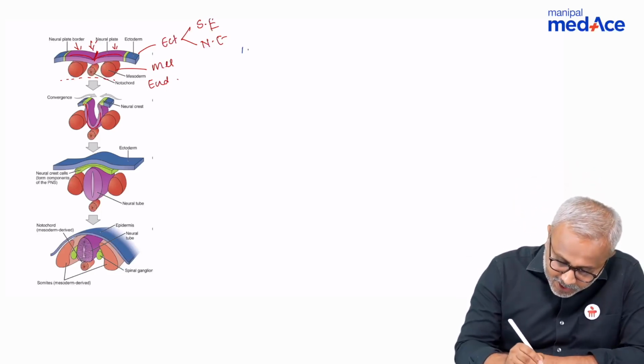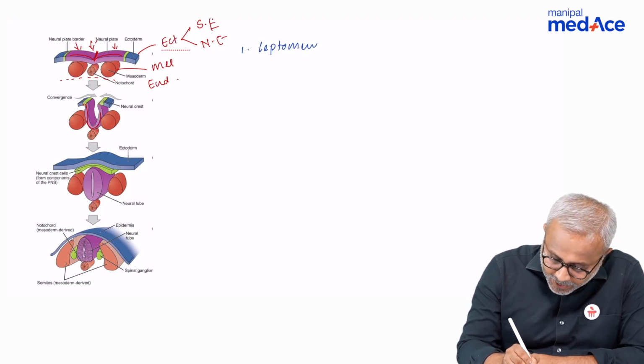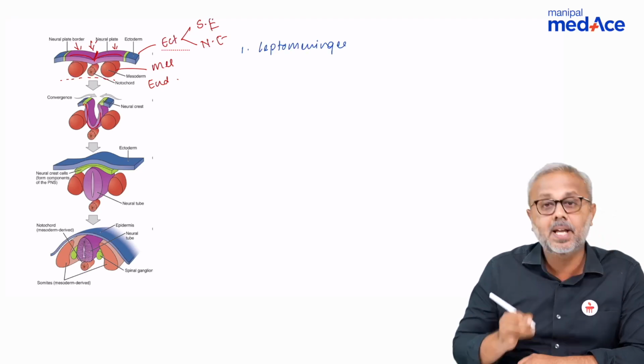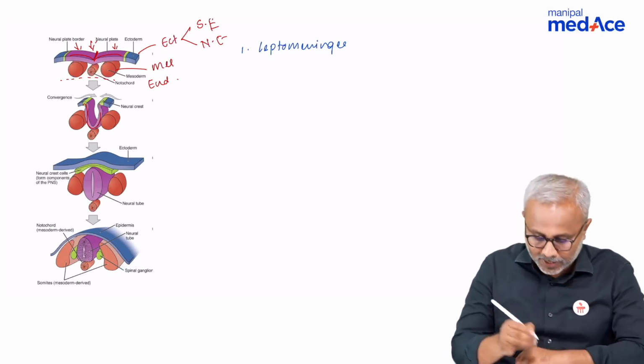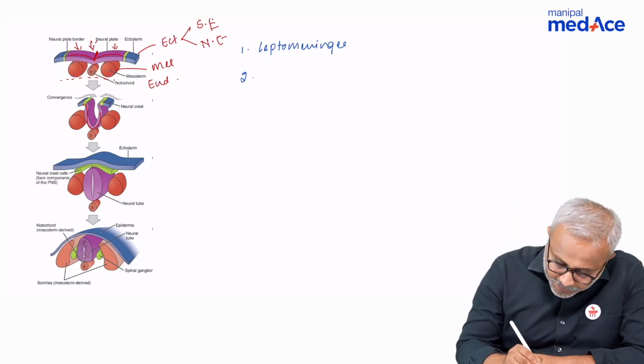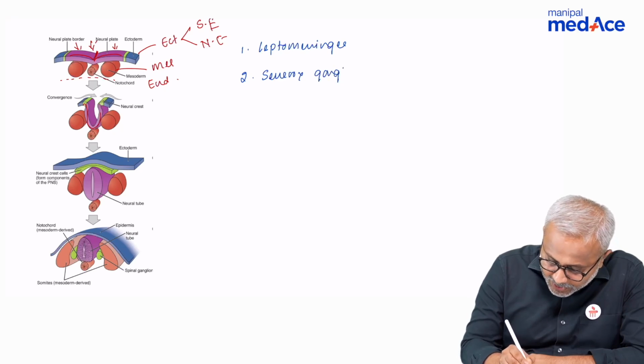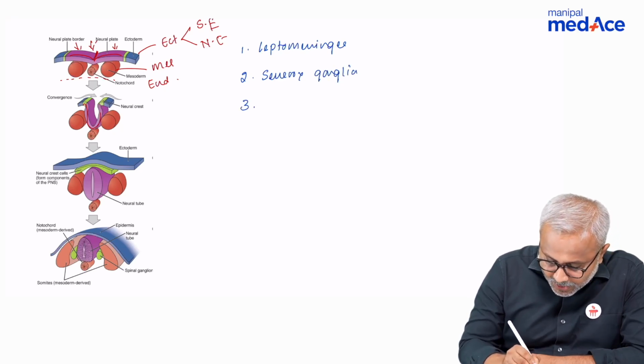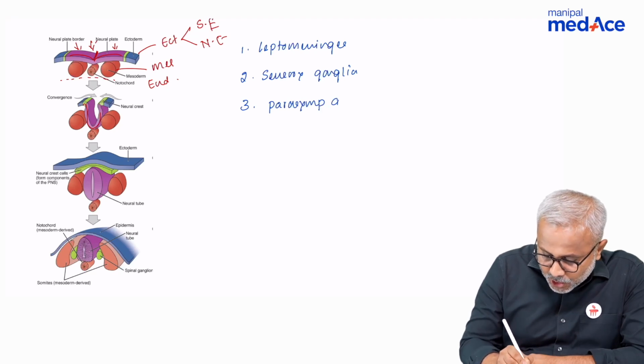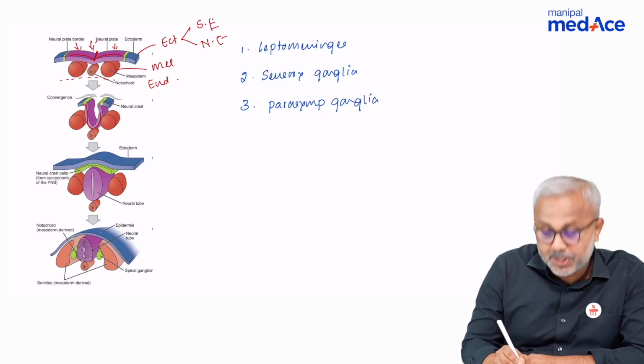Remember, the first thing you can think of is the leptomeninges. The leptomeninges, like pia and arachnoid, are derived from neural crest cells. Then you have the development of the sensory ganglia, the dorsal root ganglia, then the cranial parasympathetic ganglia.